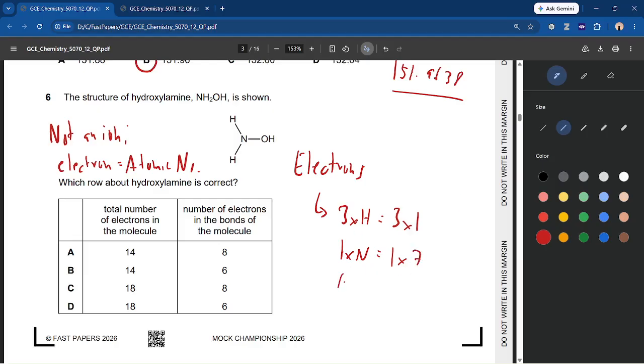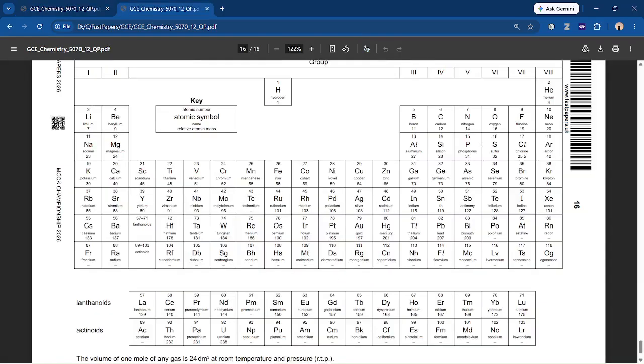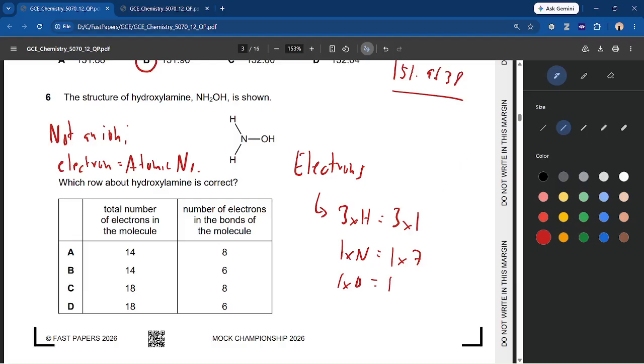And you have 1 times O, and oxygen is right beside nitrogen, which is 8. So this will be 3 plus 7 plus 8, which is going to give you 18. So the number of electrons is 18, so you can cut off these two.